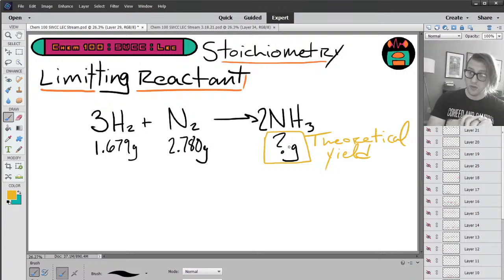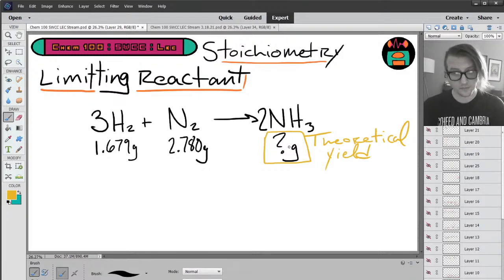One of these will run out first and leave excess of the other reagent. So when you're given two initial quantities, there is an excess reagent and a limiting reagent. You need to determine which is the limiting reagent in order to solve this problem, because the limiting reagent, the reactant that runs out first, will determine the theoretical yield of your product.